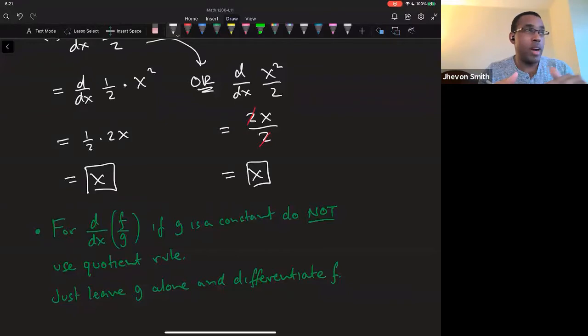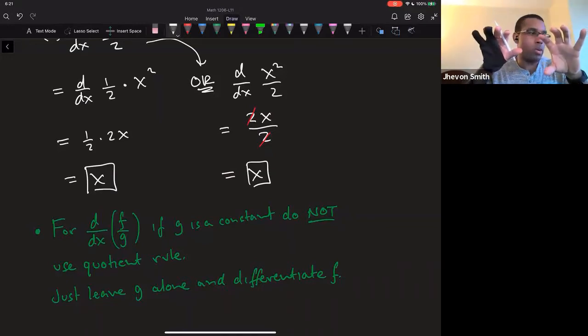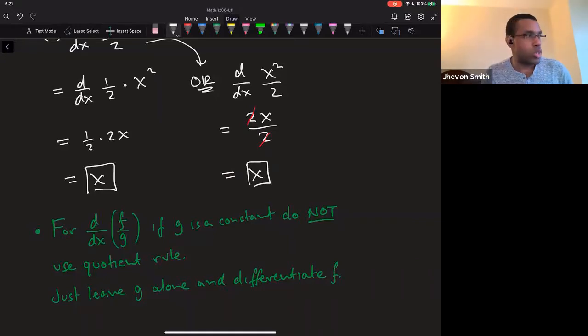If you have f divided by g and your g is a constant, then you don't need the quotient rule either. You just differentiate the f. And if you have f divided by g and your f is a constant, then what I would do is take the g, move it up to the -1 power, and then just do the chain rule or some other rule. So there are times when you just don't have to do the product or quotient rule because they're overkill, and you would just rewrite them essentially and do it another way.